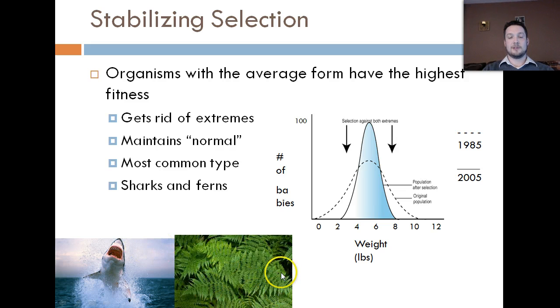Ferns are another example. It's a type of plant, and it's a really, really old kind of plant. Paleontologists find fossilized imprints of ferns, like they're pressed into mud from a long, long time ago, 100 million years ago. So ferns, just like sharks, have not changed over time, and it's stabilizing selection that keeps them that way. It keeps the population average.